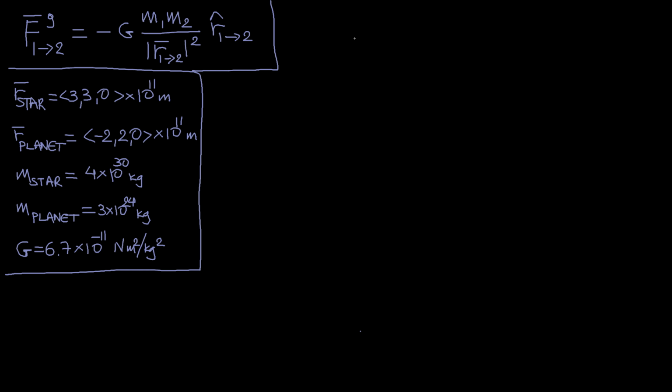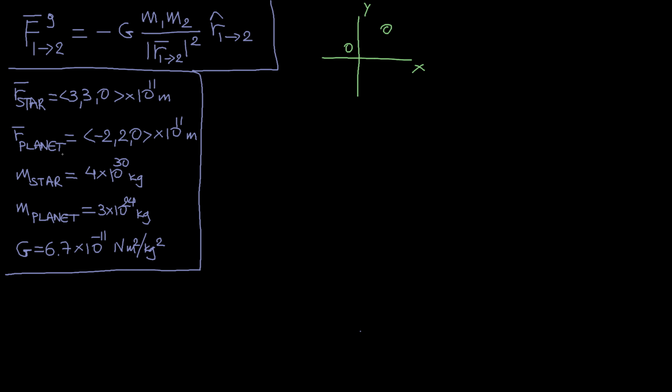Let's say we have a star and a planet. This is the coordinate system. This is the x, this is 0, this is the y, and the z goes out of the page. The star is on the positive x, positive y axis, so the star would be somewhere here.